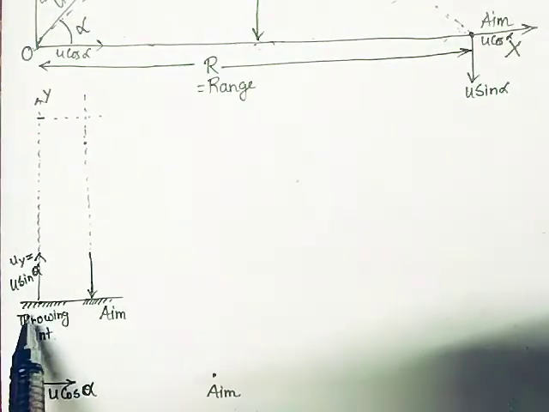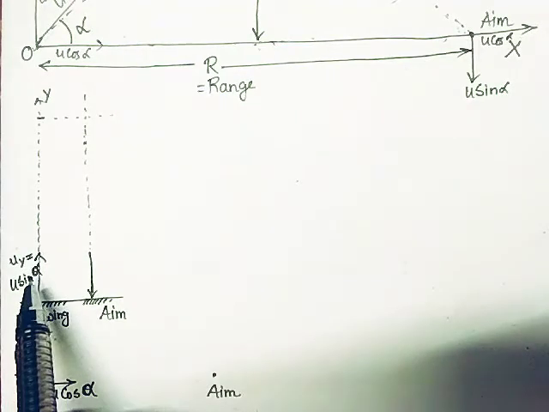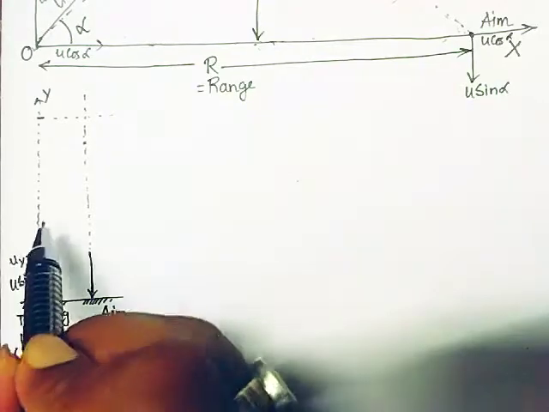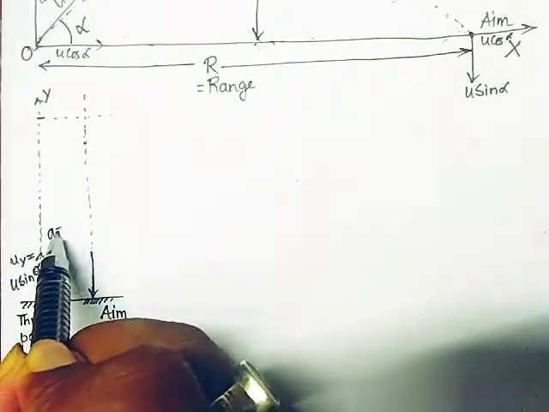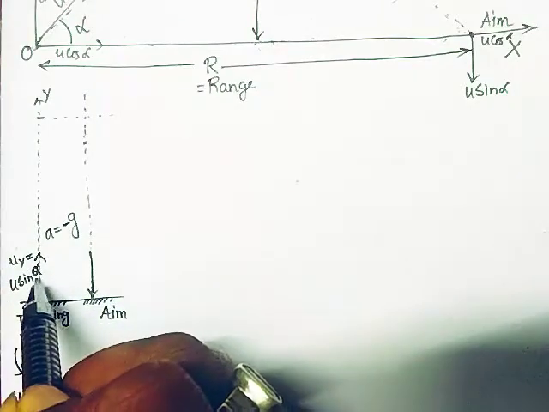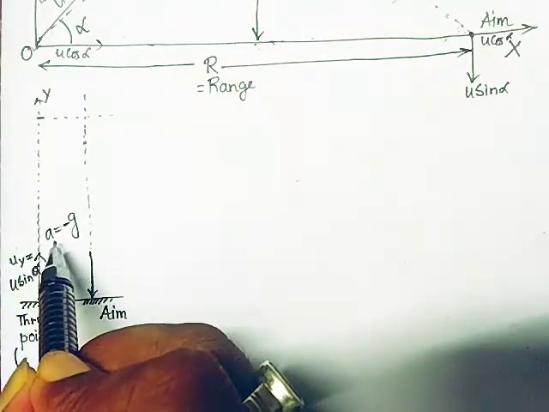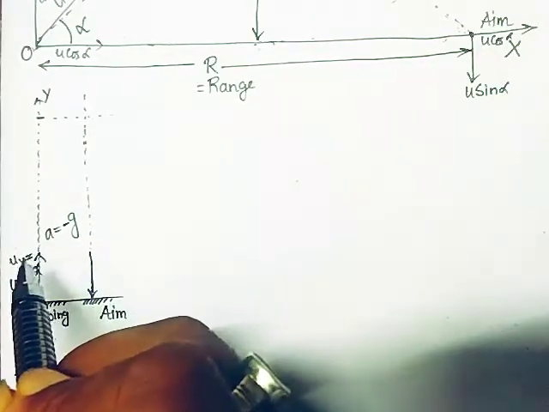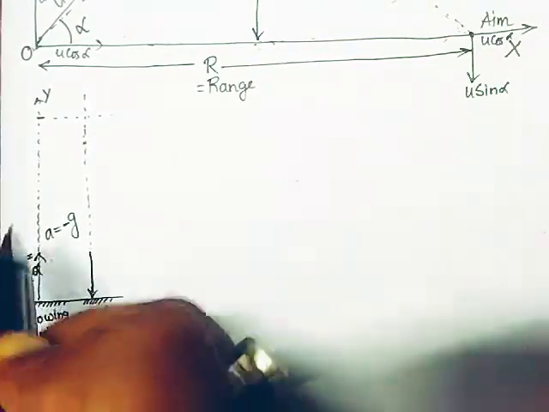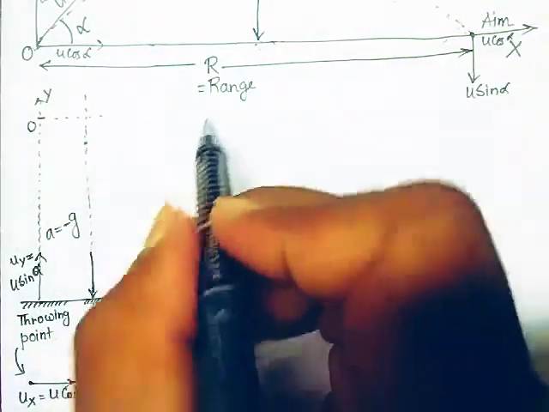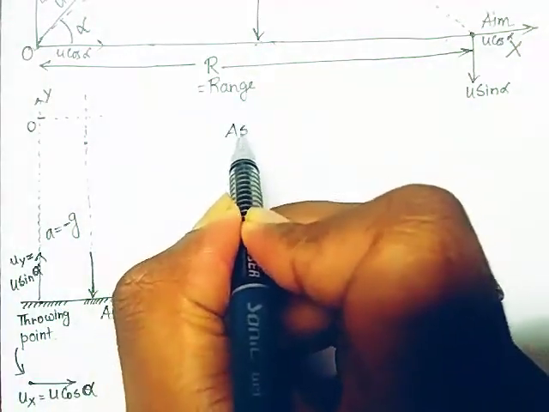Here is the throwing point, from which it is thrown with the velocity u sine alpha, moving upwards. When it is moving upwards, the velocity is positive but the acceleration is negative, so there is retardation. Due to this retardation the velocity decreases, and when it reaches here, the velocity becomes 0. So at first we calculate the case of ascent.